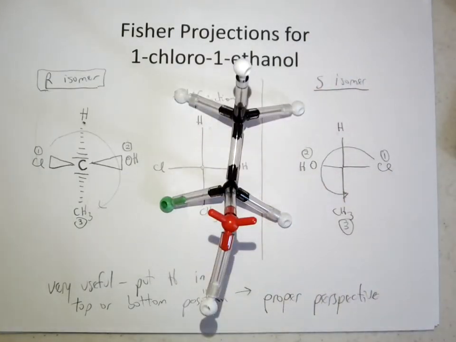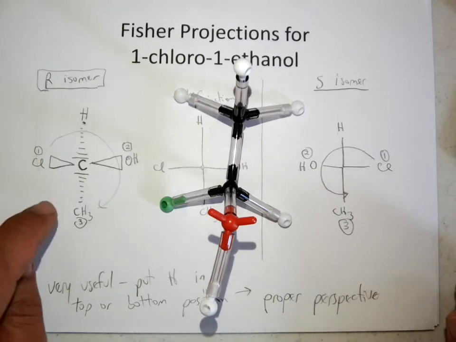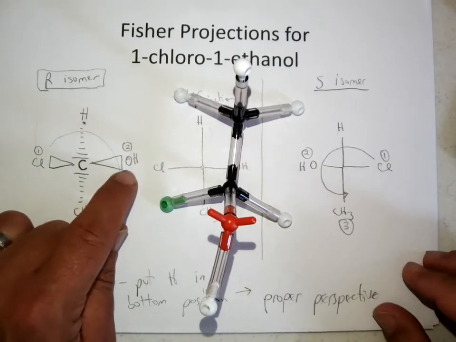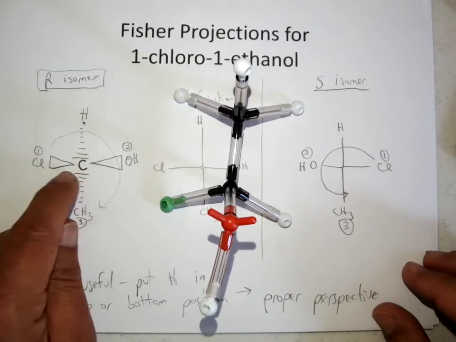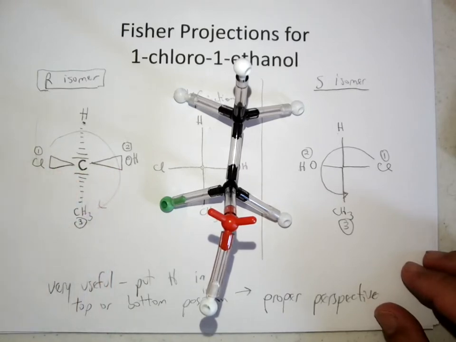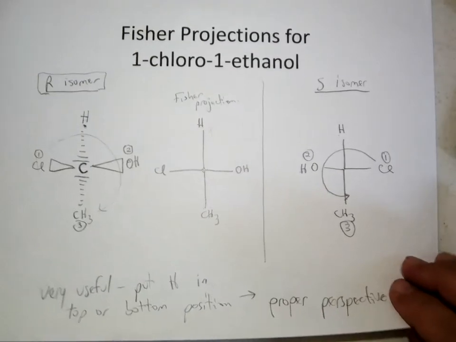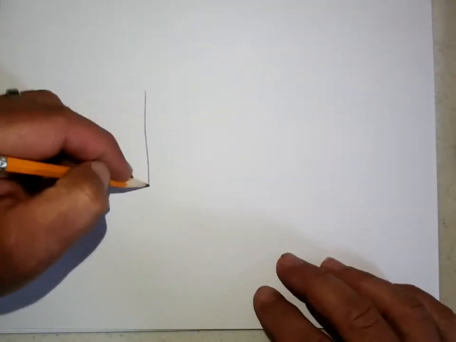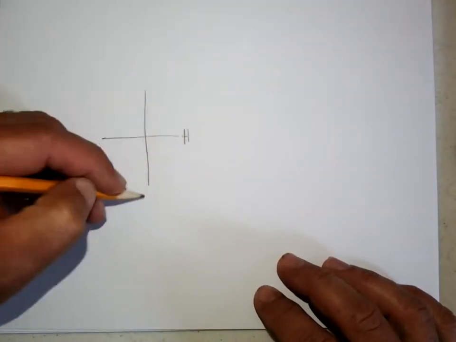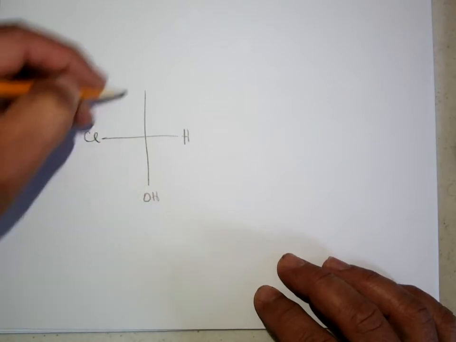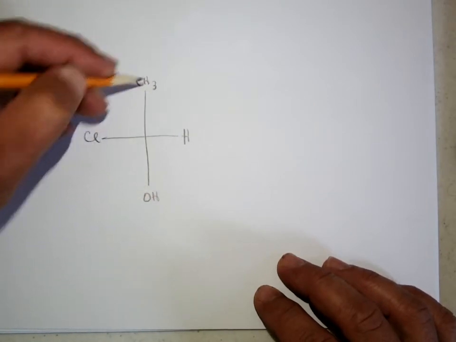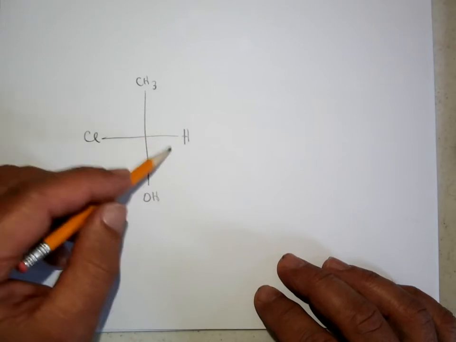Now, one of the other things I'll spend a minute talking about is sometimes you accidentally put the hydrogen moving towards you, or somebody else gives you a picture where they put the hydrogen in a position that's towards us, right?